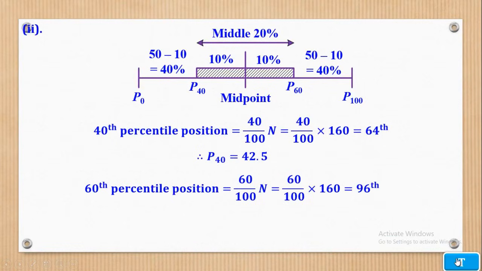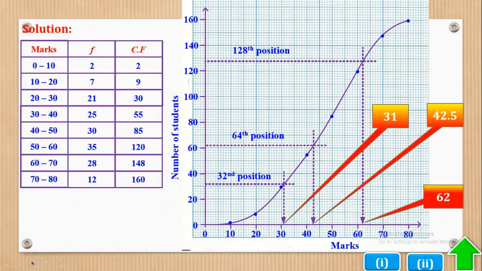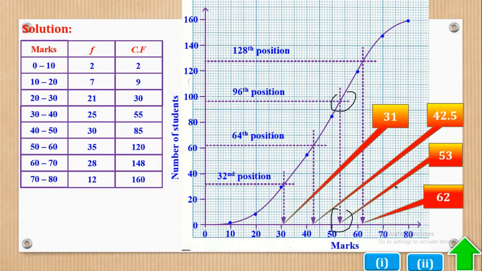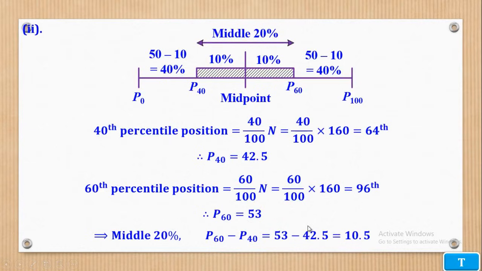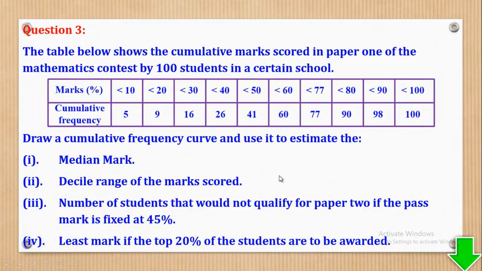It is 96, so come and locate your 96. Then draw a perpendicular from that point and read off this value. It is 53, therefore we shall come here and say that P60 is 53, and the range is the difference between the two, and that's what they wanted. So that was question 2. Now we shall go to question 3.